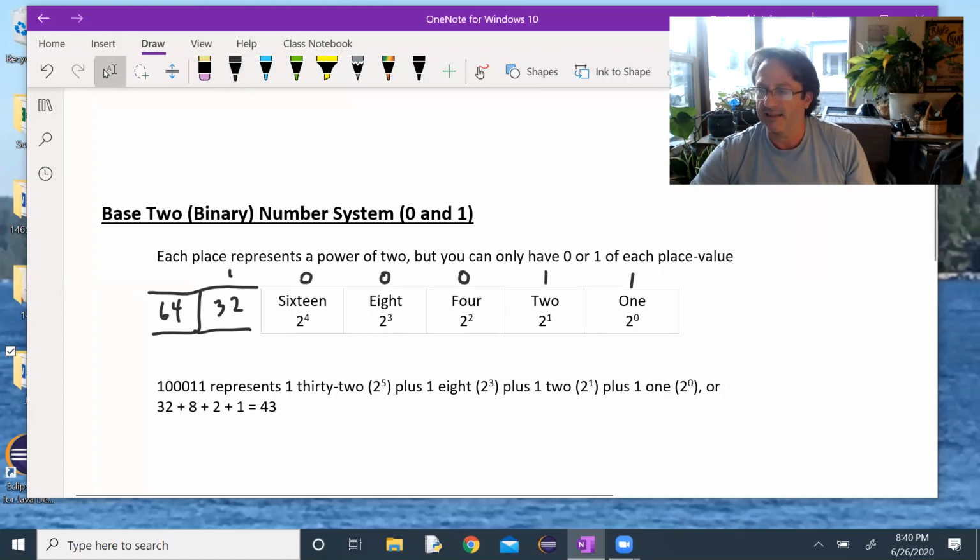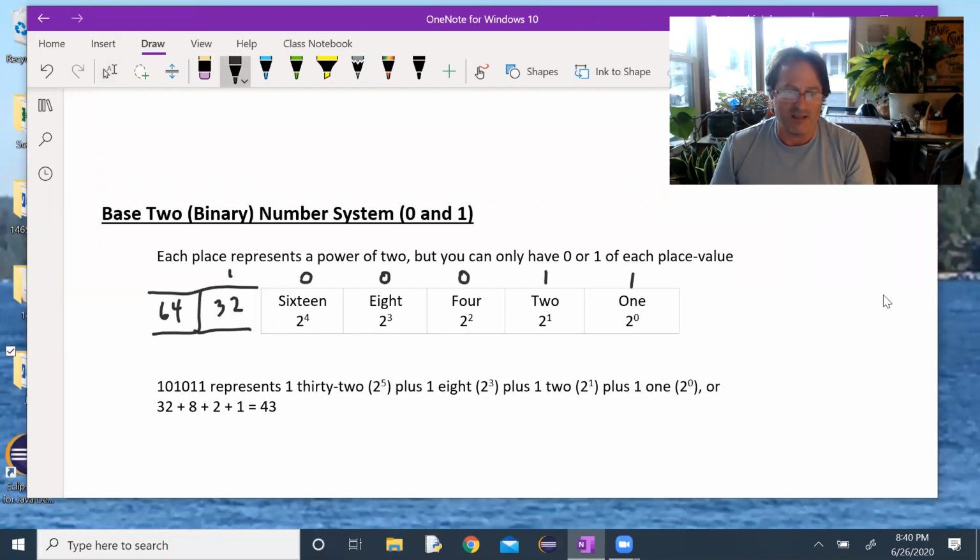Hang on. I forgot I changed this problem. I wanted 1, 0, 1, 0, 1, 1. So I added a 1 here, changed it. So it should be 1, 0, 1. This should not be a 0. It should be a 1. I'm just going to change that.